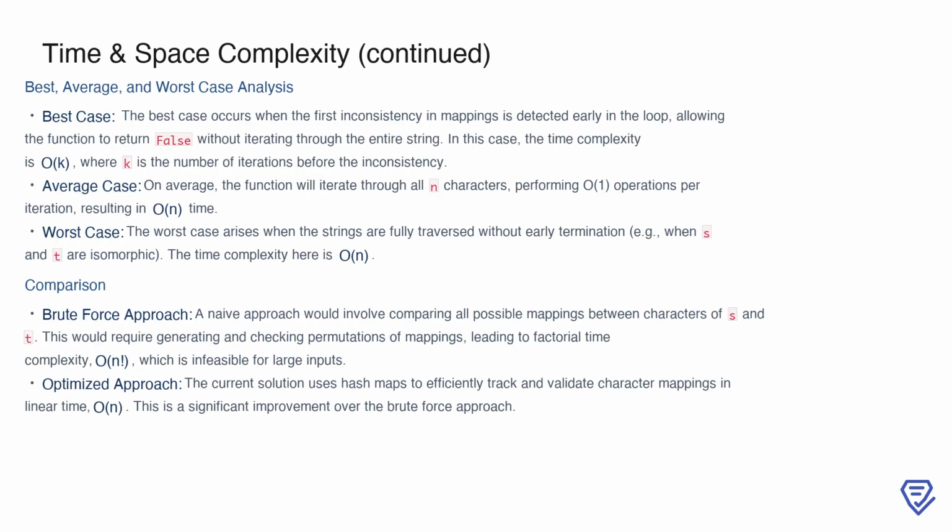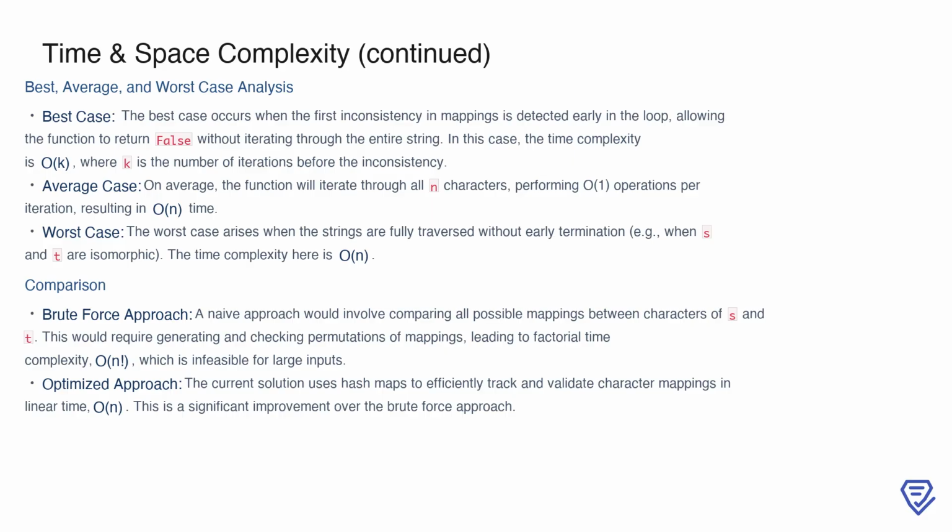Let's consider how the time complexity changes in different scenarios. In the best case, the function detects an inconsistency in the character mappings early in the loop and returns false. If this happens after k iterations, the time complexity for this case is O(k), where k is the number of iterations before the inconsistency is found. On average, the function will go through all n characters, performing O(1) operations per iteration, leading to O(n) time complexity.